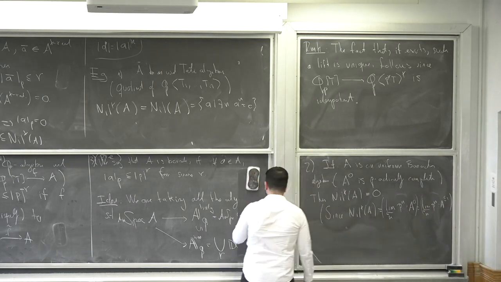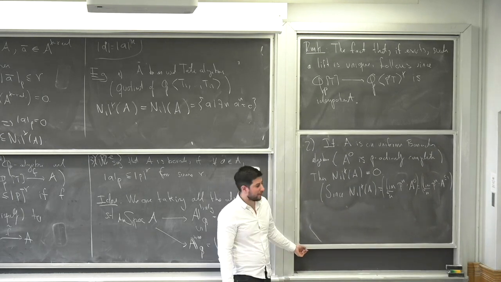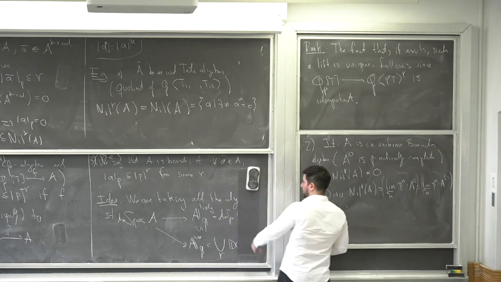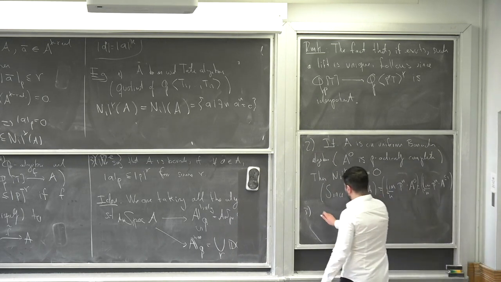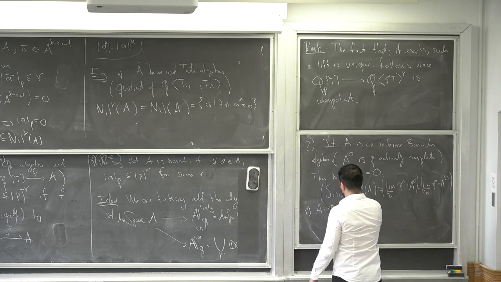And an example where the nil radical is non-zero, well, you need to actually go outside the world of usual analytic rigid geometry. And again, let us take this example.